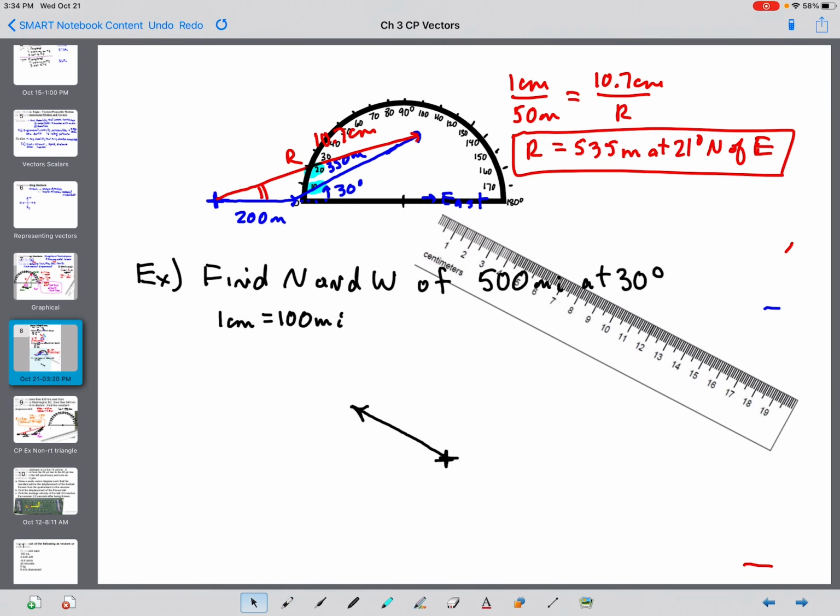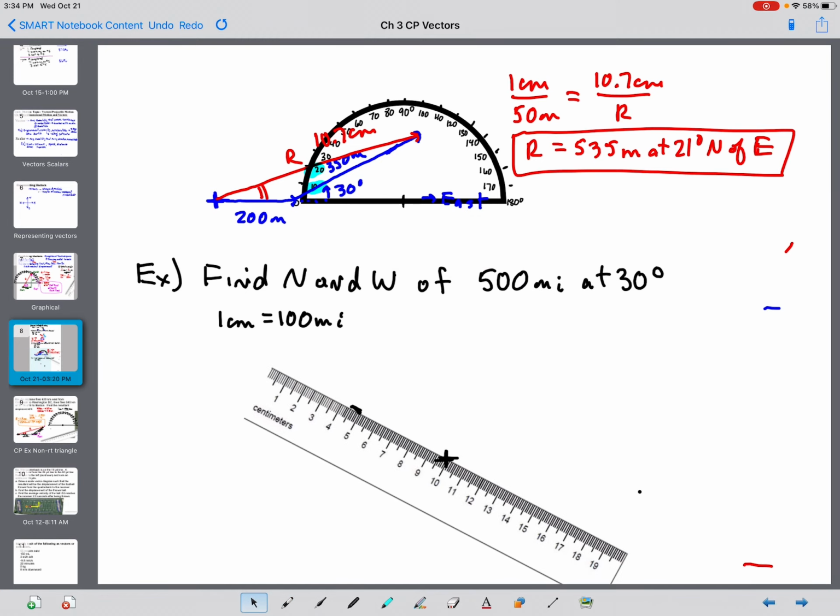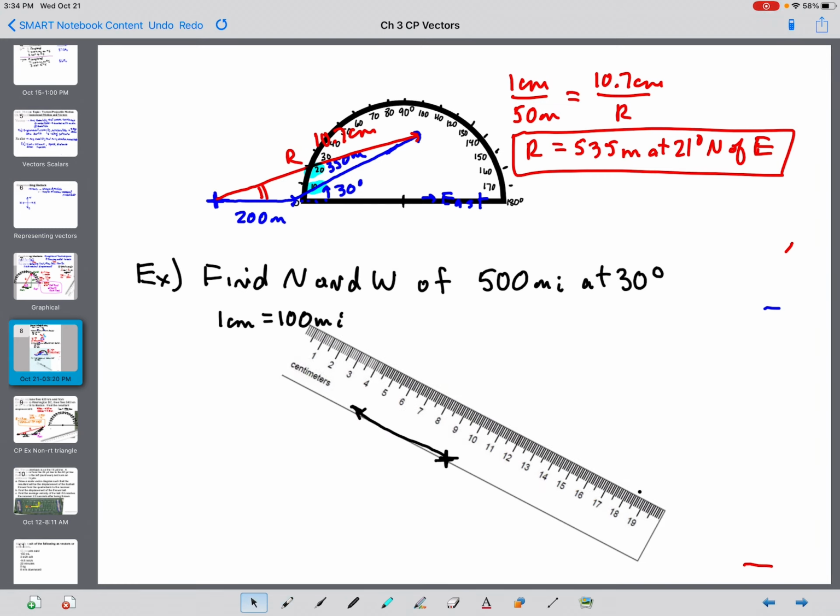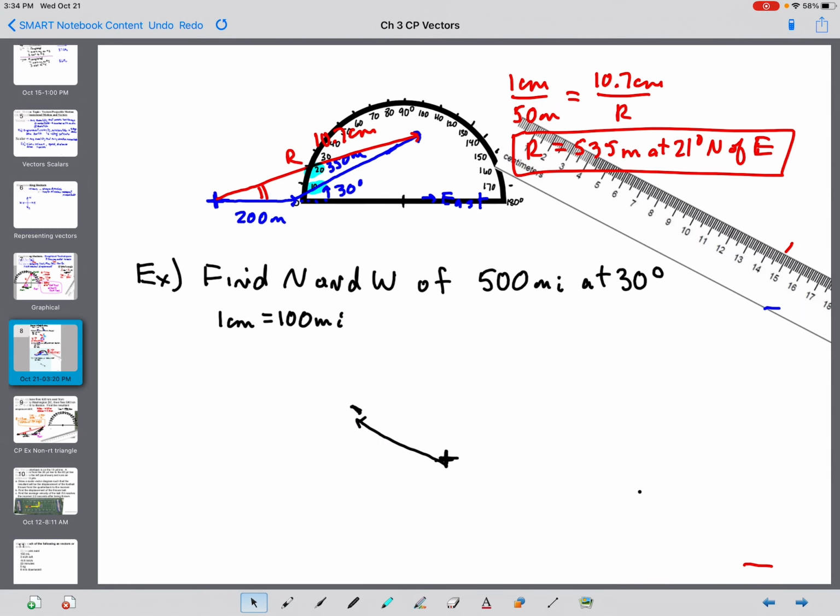And that's my vector. That would be my 500-mile line.